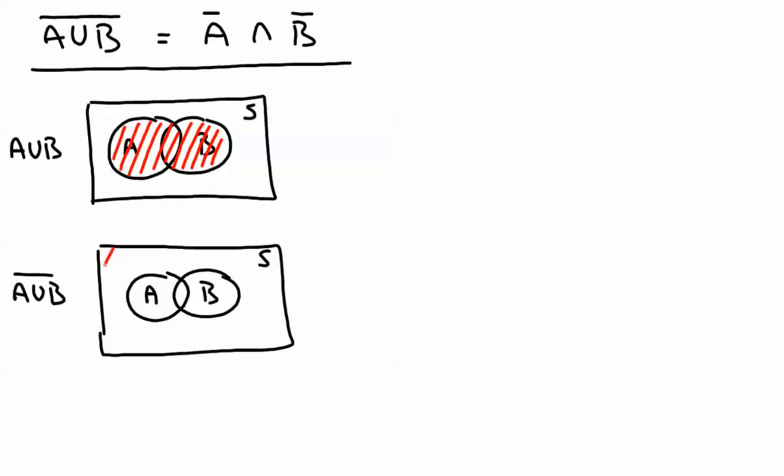So that equals all of this red hatched area. All right? So from a Venn diagram perspective, that's what the left-hand side of this first De Morgan's theorem looks like. Let's look at the right-hand side.